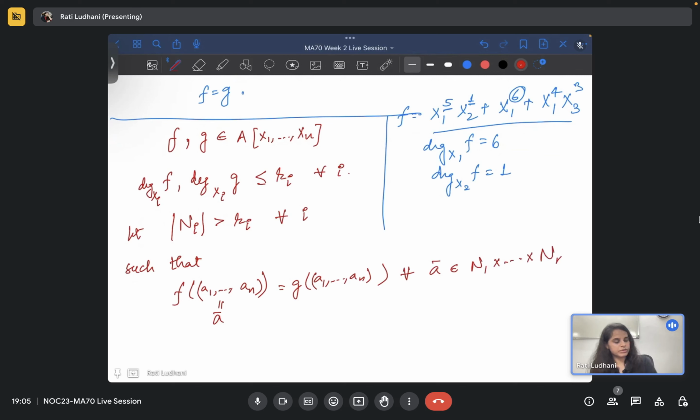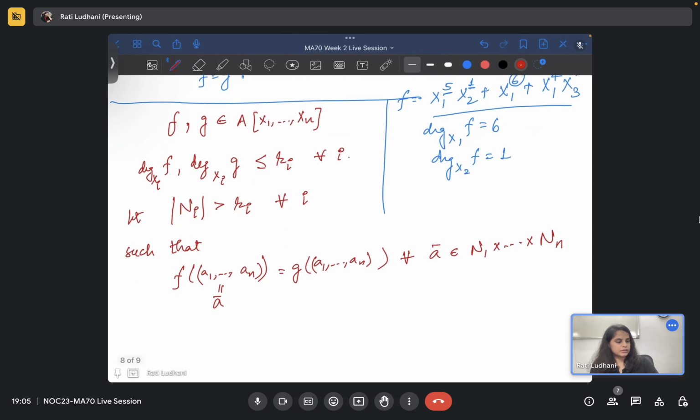So you have n variables. If you have this, then f has to be equal to g.